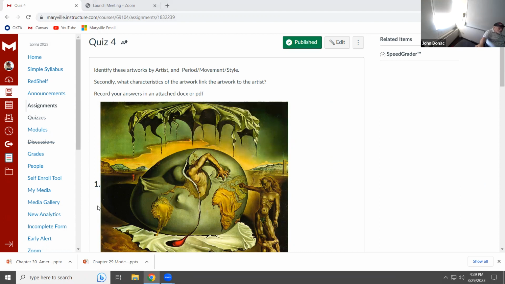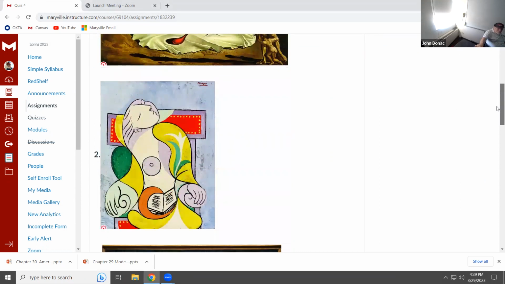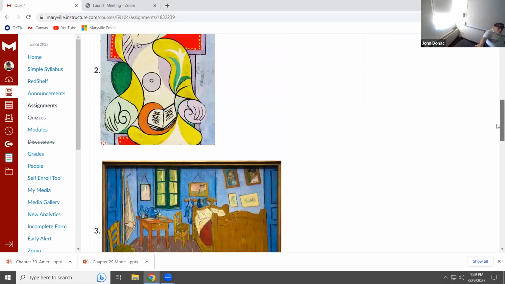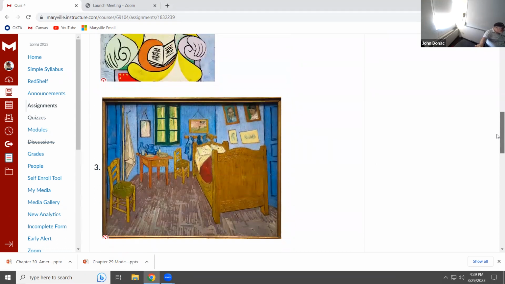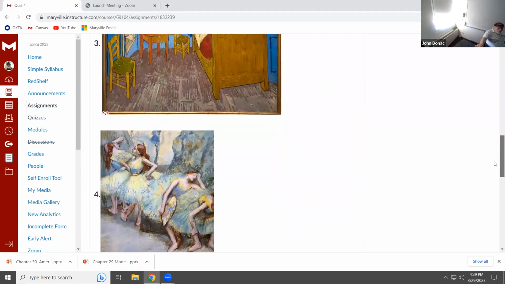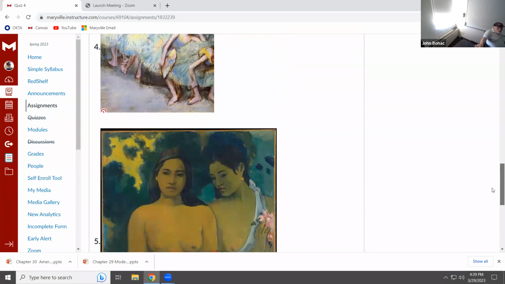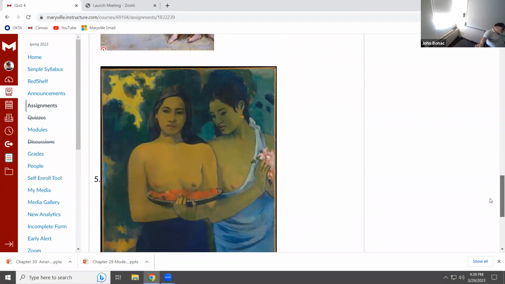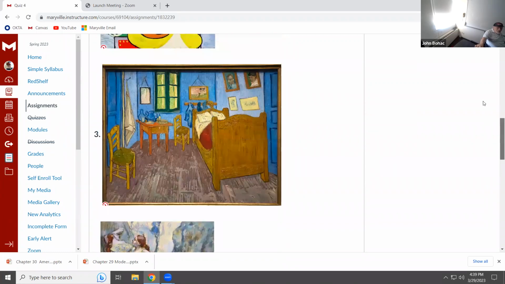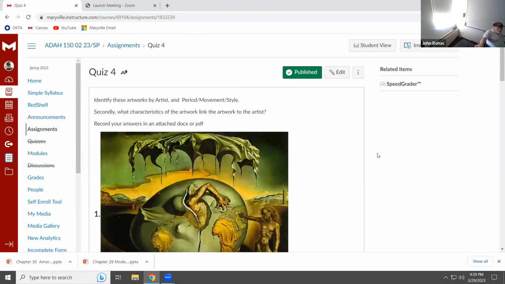And so I want you to find these. These are not in the book. Number 2, number 3, number 4, and number 5. And I know some of this is from last week and stuff, but bottom line, identify who did it and what the period style is.